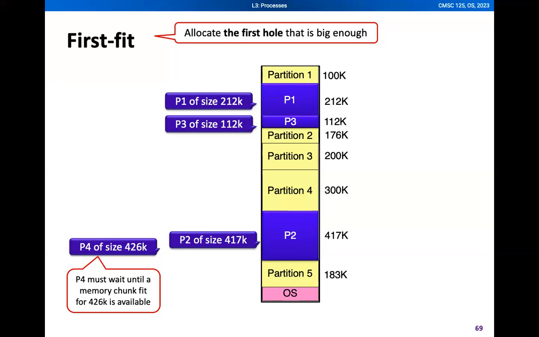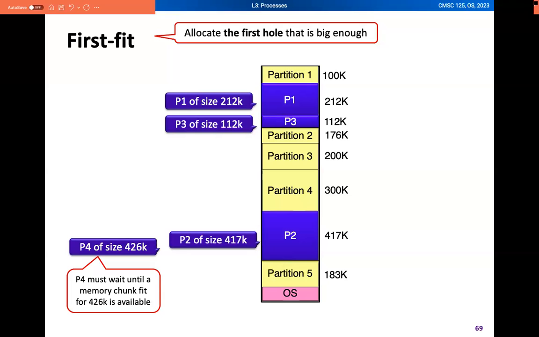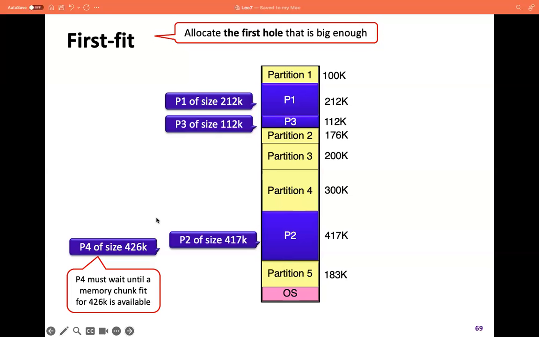Okay, so do you understand now? Again, the first fit algorithm assigns the first available memory block that is large enough to accommodate a process. So the advantage of first fit is that it is relatively fast, as it selects the first suitable block encountered during the search.